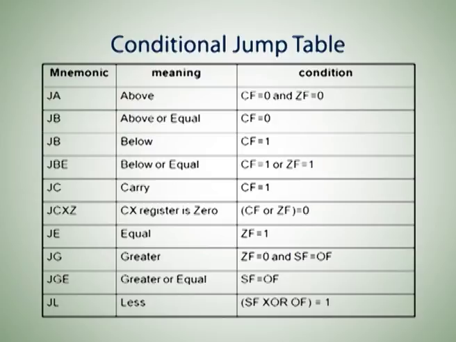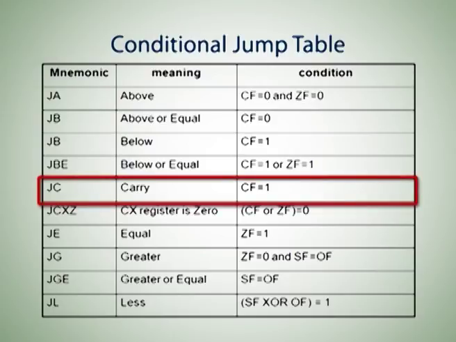The conditional jump instruction also works on intra-segment as well as inter-segment address. The different types of conditions associated with the jump are related to the status of various flags in the status register. For example, the conditional jump instruction JC checks the carry flag, and if the carry flag is set, it performs the jump to the specified location as specified by its name, jump if carry, which is JC in short.